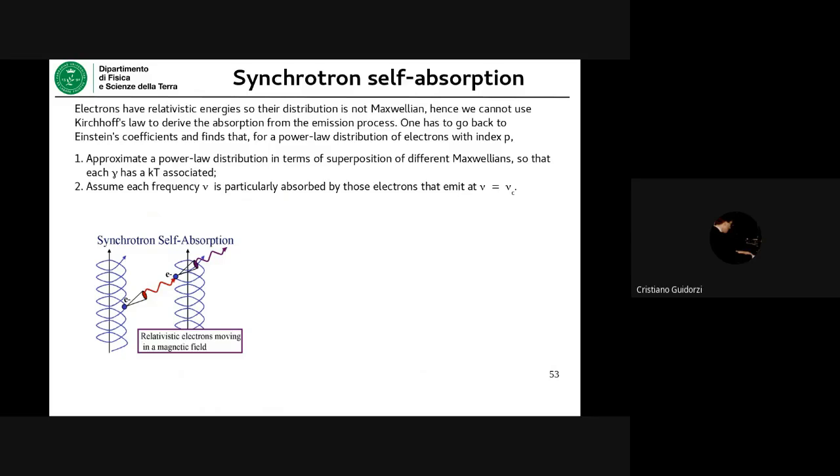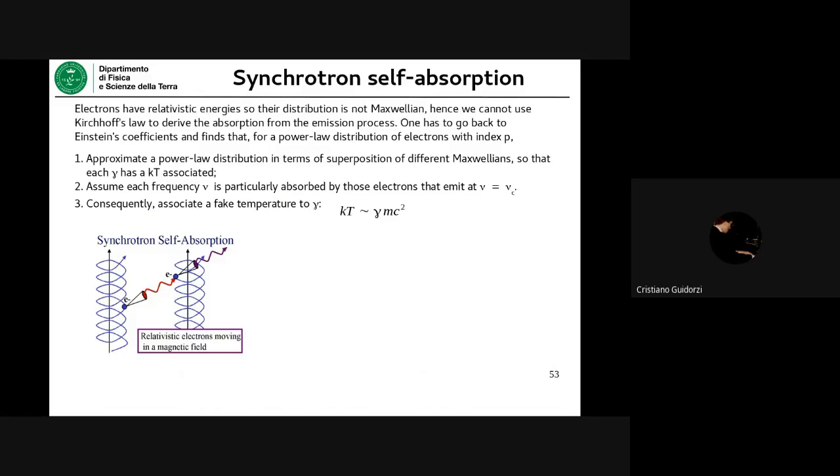So you automatically associate to a given frequency a given electron. But the given electron is associated to its corresponding Maxwellian. So you find a trick to associate to a given frequency a given temperature.